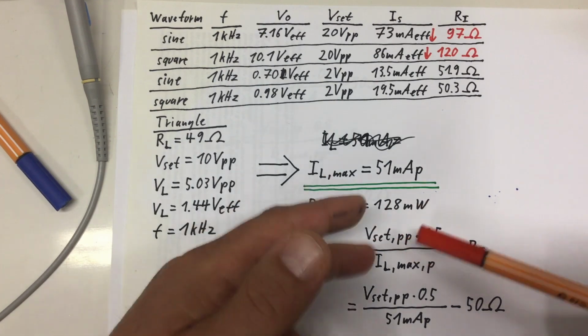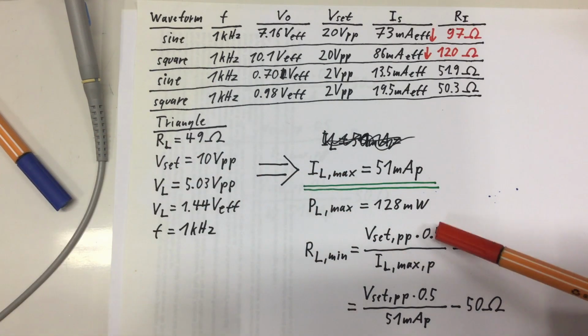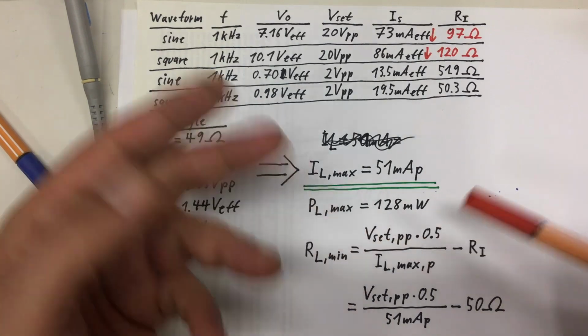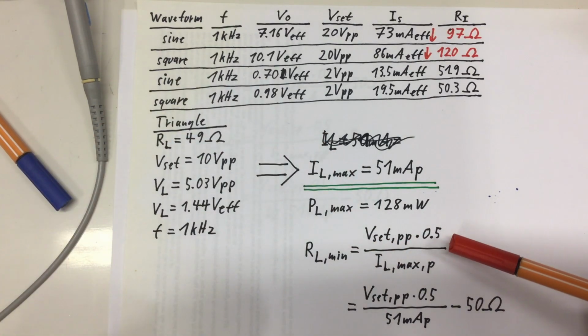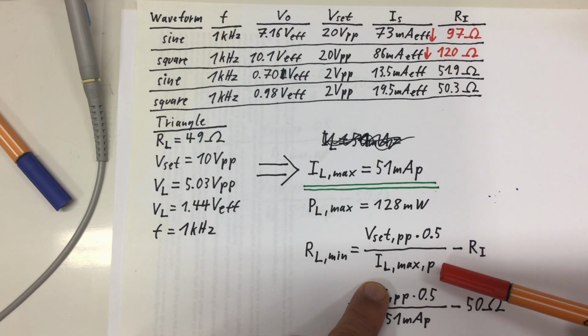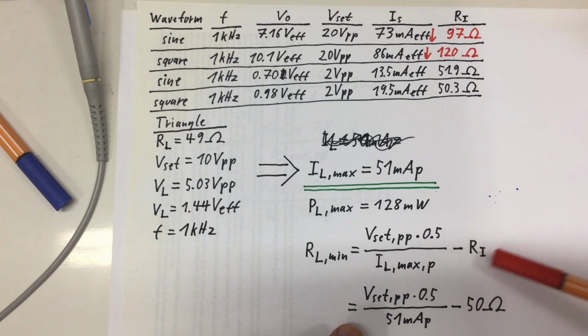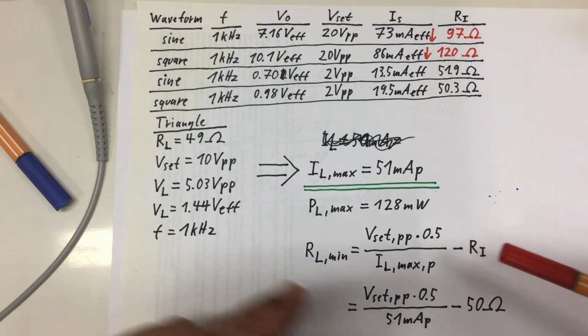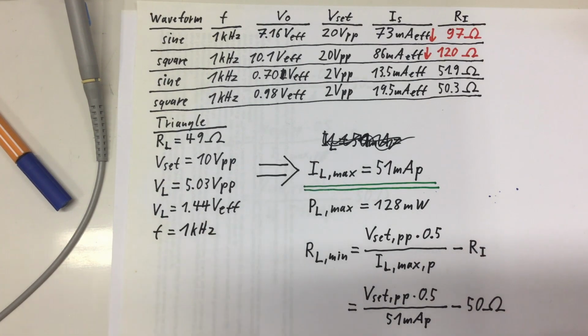The minimum load resistance is the set voltage peak to peak times 0.5, so just the peak voltage, divided, Ohm's law again, by the maximum current the unit can provide, and of course minus the internal impedance resistance that is already there. With numbers: we set peak to peak times 0.5 divided by our 51 milliamps peak, minus 50 ohms.